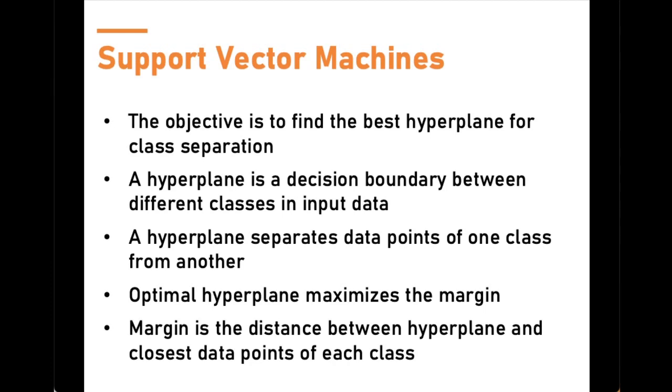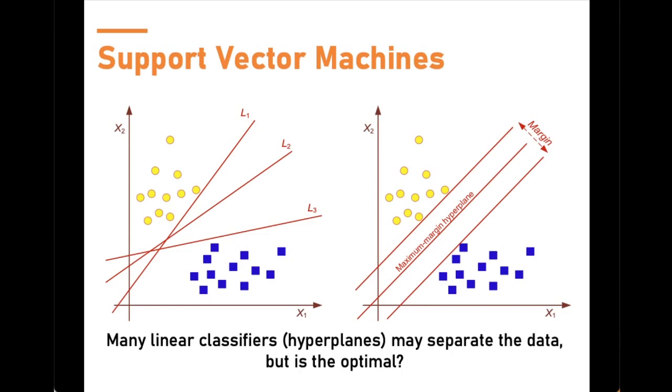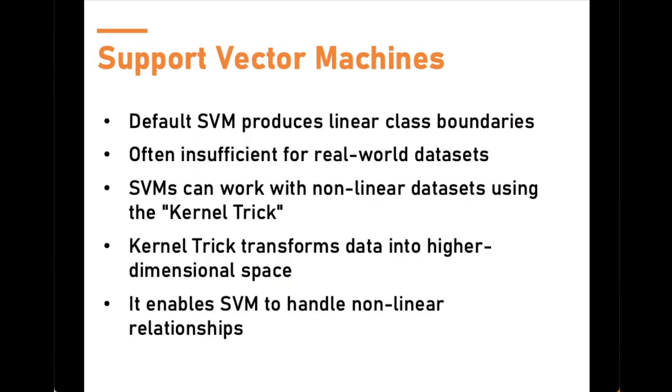The optimal hyperplane is the one that maximizes the margin, and the margin is the distance between the hyperplane and the closest data points of each class. Those data points that are closest to the hyperplane and directly affect its position are called support vectors. So the question we want to answer here is, what is the classifier hyperplane that is optimal?